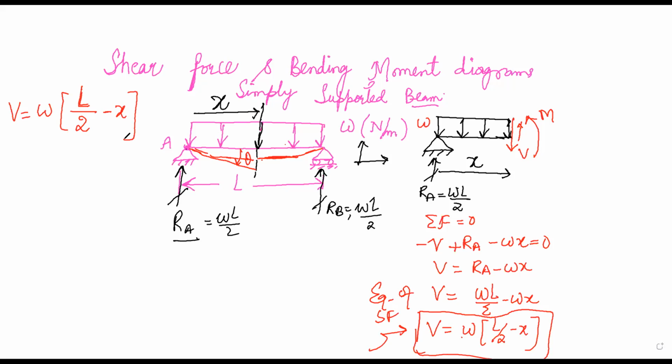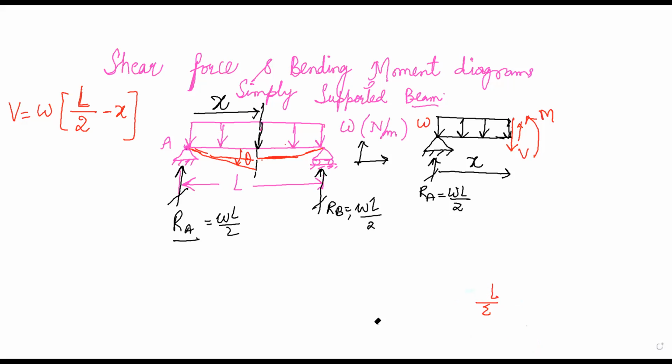Now let's talk about the bending moment equation. In the same section, take summation of all the moments about an axis passing through point A equal to 0. Therefore, we have the anticlockwise moment M, which we take as positive, whose magnitude we have to find, and we have the moment because of the shear force, which is trying to rotate the beam in clockwise direction. Its moment will be minus V into x.